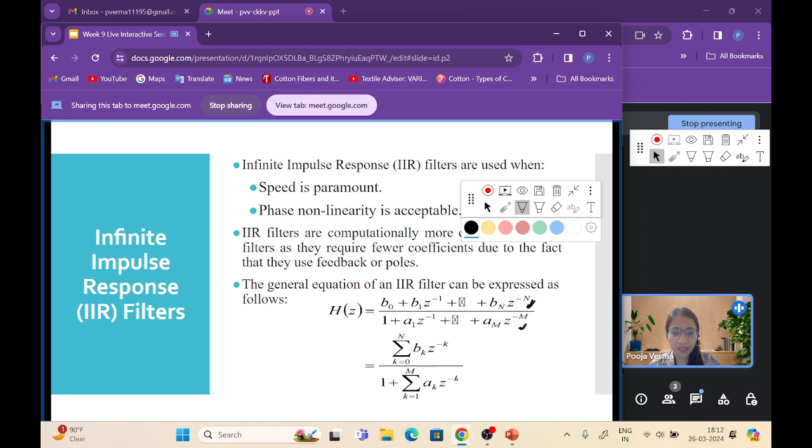The compact form of the IIR filter can be written as the summation of k equals 0 to n of bk z to the power minus k, divided by 1 plus the summation of k equals 1 to m of ak z to the power minus k.